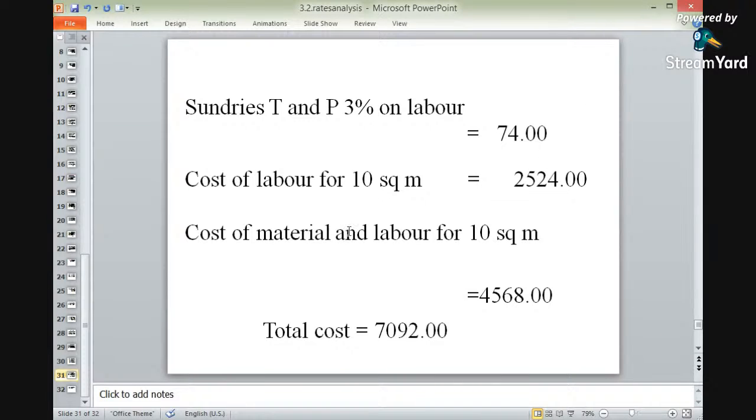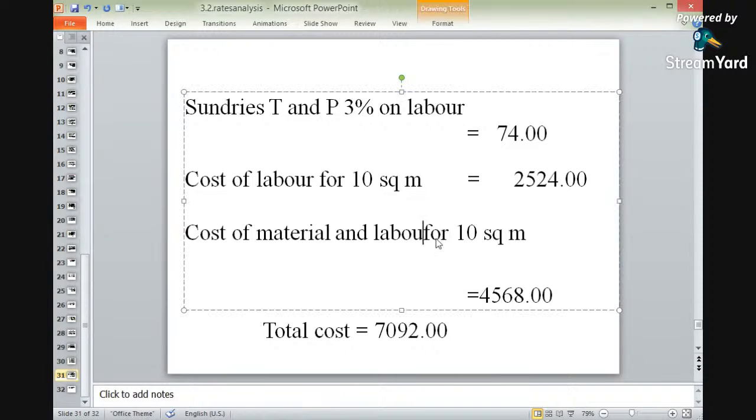These are the labors required, and these are the materials required.